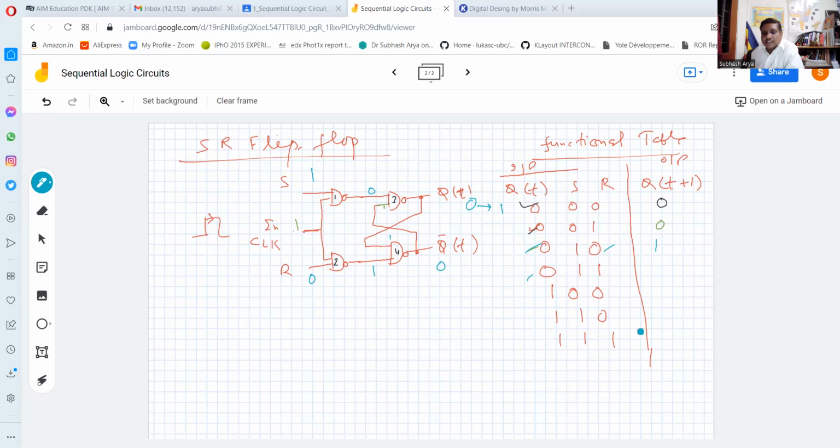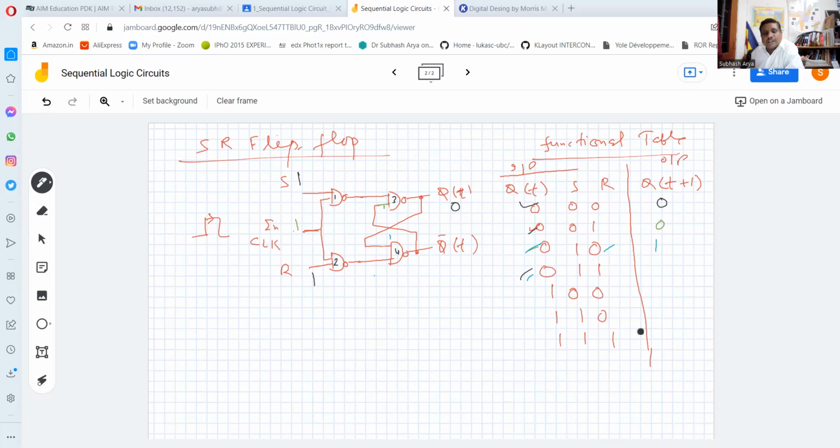Now, next state, let us understand. Next state is Qt is equal to 0, S is equal to 1, R is equal to 1. What will be the next state?